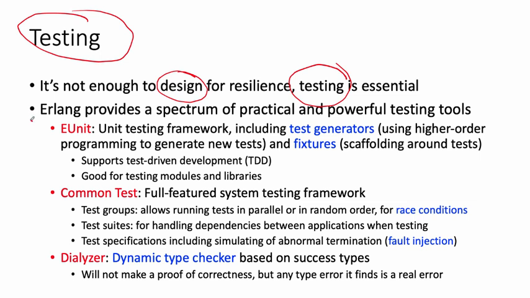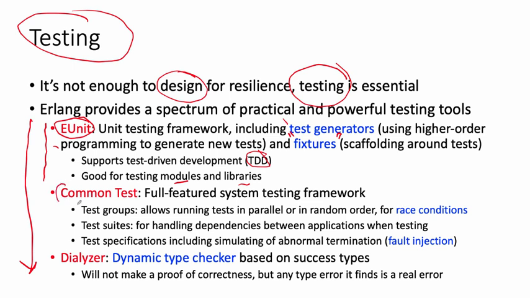Erlang provides a whole spectrum of tools, starting with very simple unit testing, including test generators, so higher-order programming for generating tests, and what Erlang calls fixtures. This is if a test needs some input to be set up before and something to be done after to get the information out. This is the eUnit framework, which supports test-driven development for testing modules and libraries.